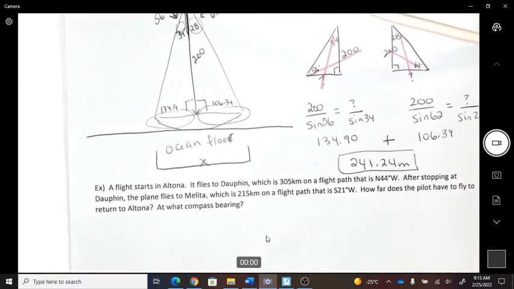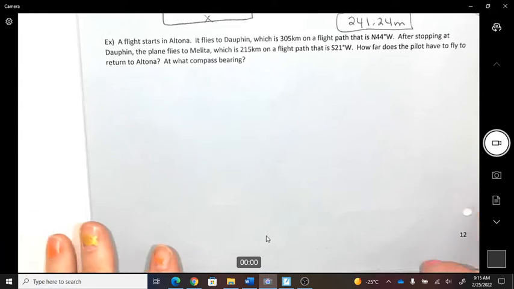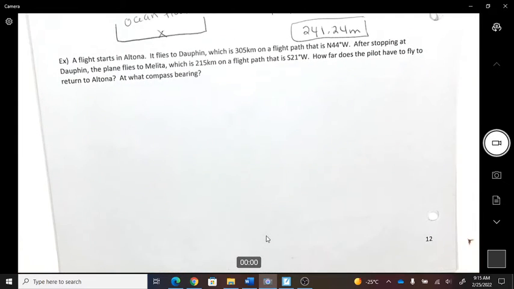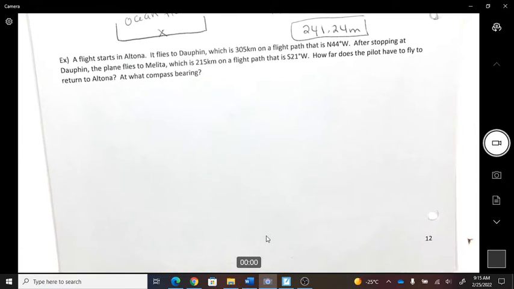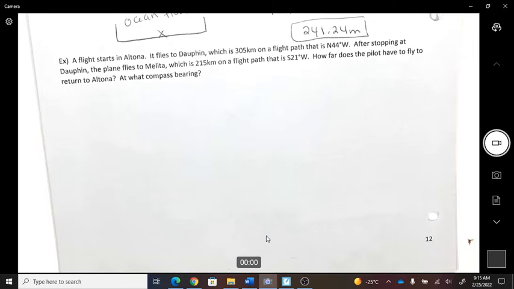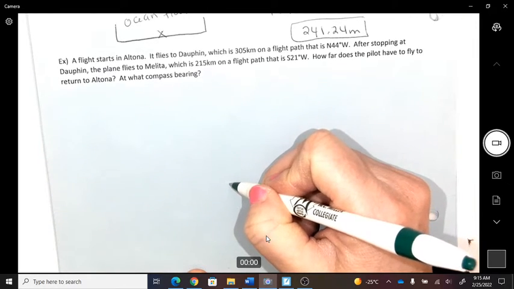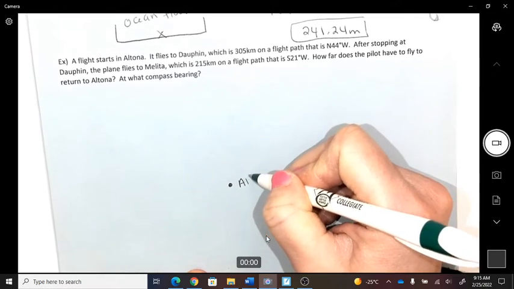Okay, next question. We have a flight and it's going Altona to Dauphin and then to Melita. So do you know where all these towns are? They're all in Manitoba. So Altona would be somewhere over here.